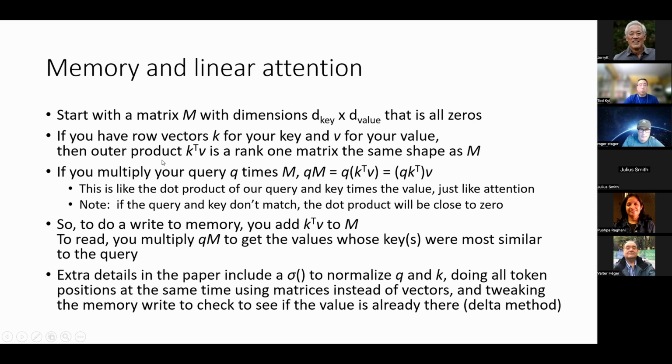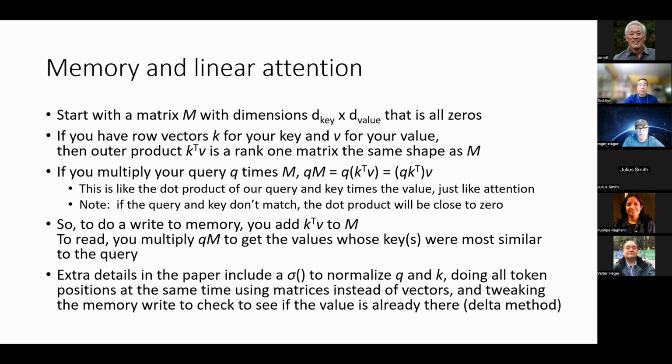If you do the outer product k^T v, you're going to get a rank 1 matrix, and it's going to be this shape, d_key by d_value. If you do an inner product and they're the same size, then you get a scalar, that's the dot product. But we're not doing an inner product. We're doing an outer product, which gives us a rank 1 matrix.